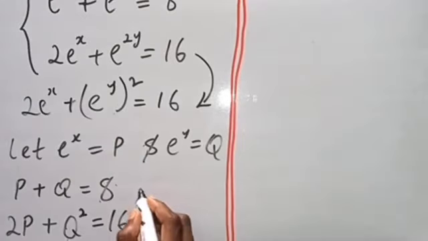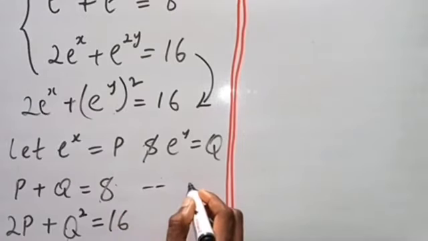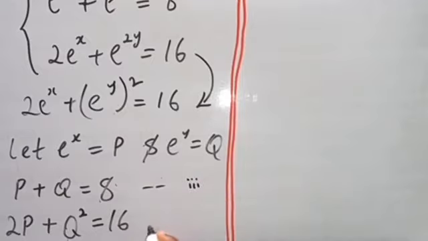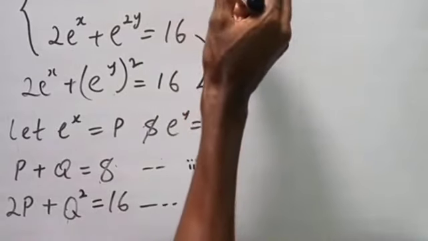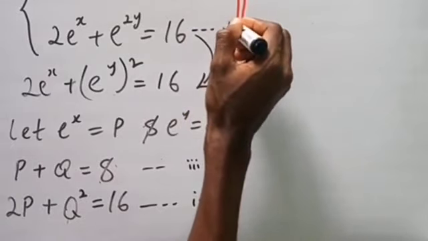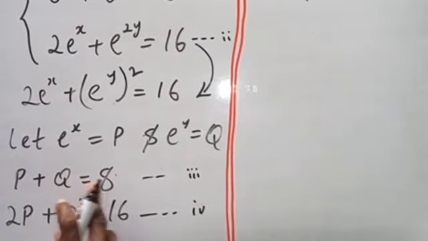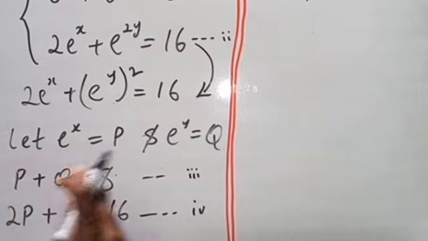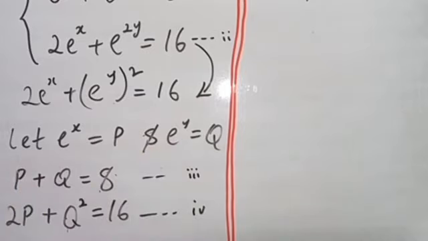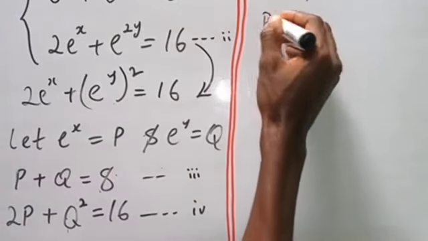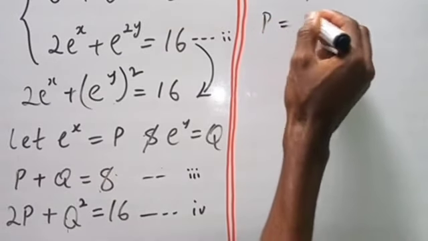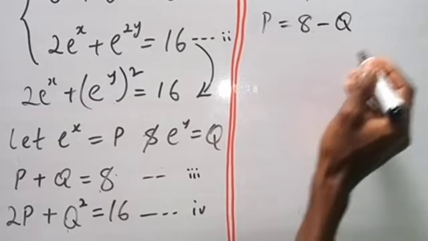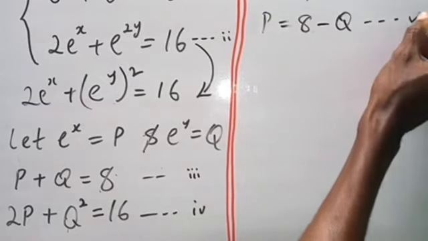Now let's call this one equation 3 and this one equation 4, since this one is equation 1 and this one is equation 2. So from equation 3, let's make p the subject of formula. So we will have p equals 8 minus q. Let's call this equation 5.